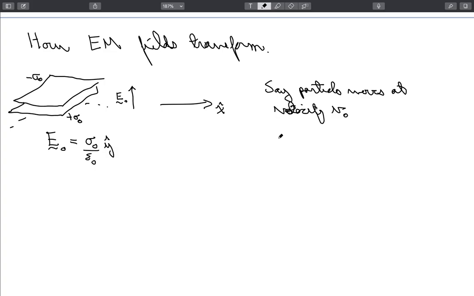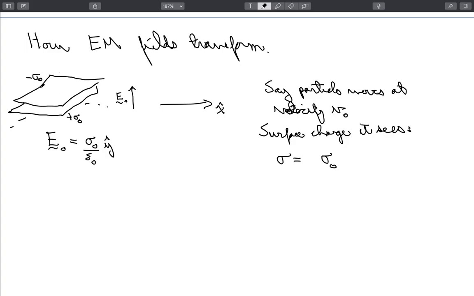Then the surface charge it measures, or it sees, I should say, would be equal to the following thing. It would be the original surface charge sigma 0 that we have here, but because I'm moving at a certain velocity v0, there's going to be Lorentz contraction in this direction here.